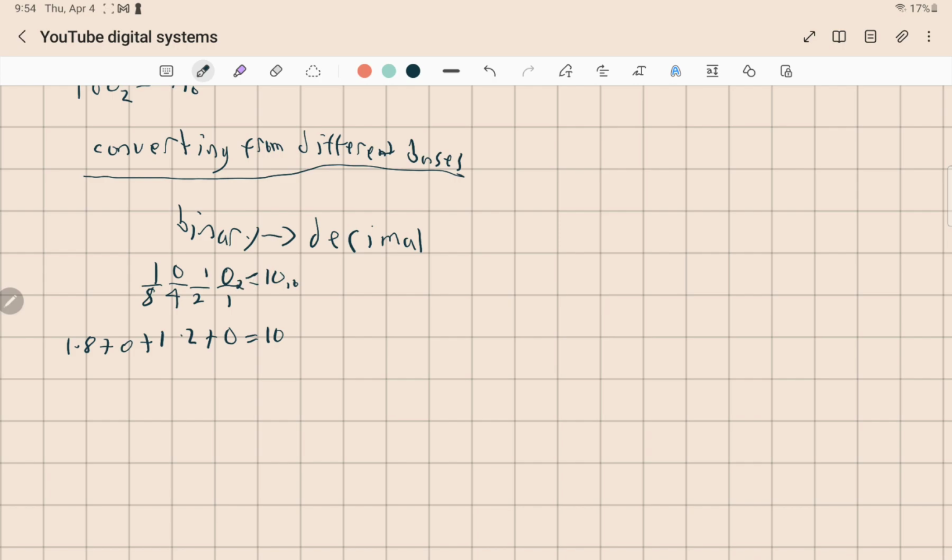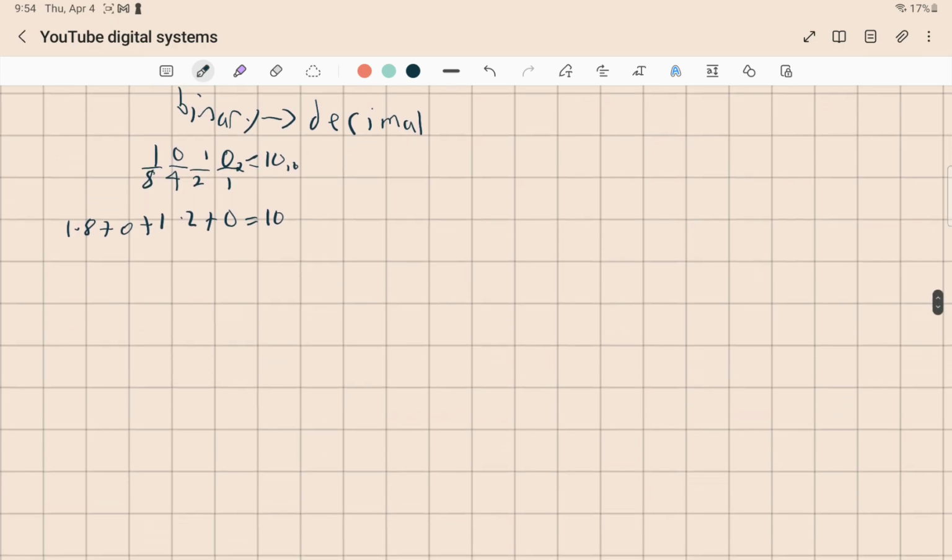Okay. And we can do it backwards. The way to do backwards is from decimal to base 2. Let's say I have 13. So we divide by 2. I'm going to draw it this way. 13 divided by 2 is 6 remainder 1.